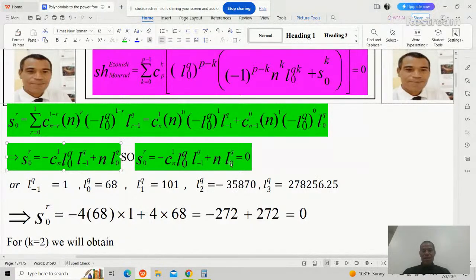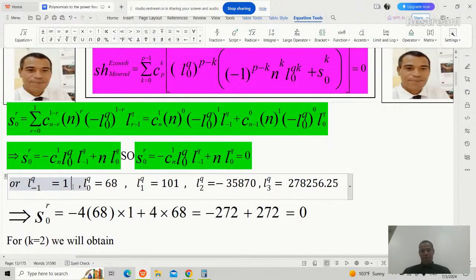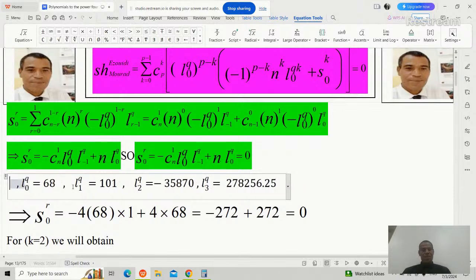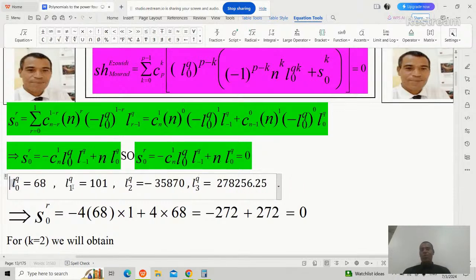You can see this L0 of order q here and here is called the common factor. So put it outside the brackets, you will get n minus combination n choose 1, which is 0. Therefore, it's clear for you learners that the value of S0 for any polynomial to the power n is always equal to 0, because the sum of the roots here is equal to 0. That's why S0 of order q is 0.